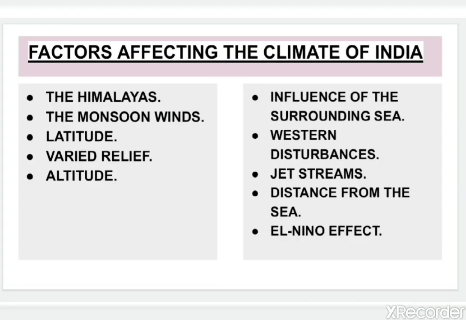Our next point is altitude. We know that if the height increases, temperature decreases. So there is a decrease of 1 degree Celsius for every 166 meter rise in height, and that we call the normal lapse rate. Because temperature decreases as we move to the higher altitude region, the temperature remains lower.